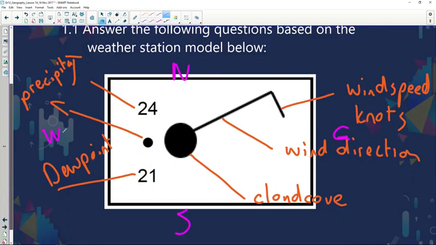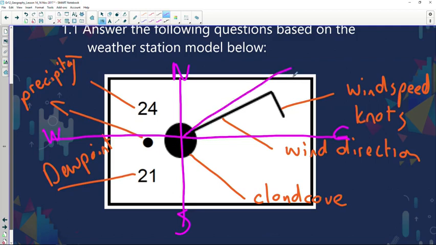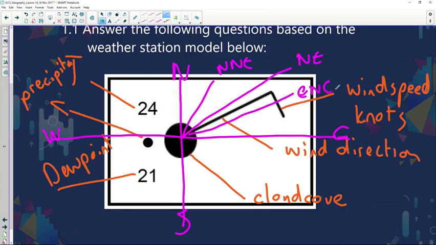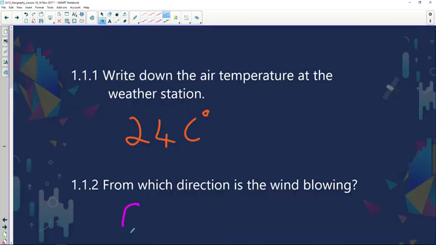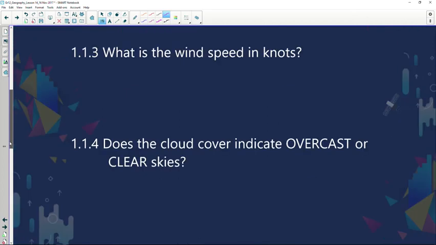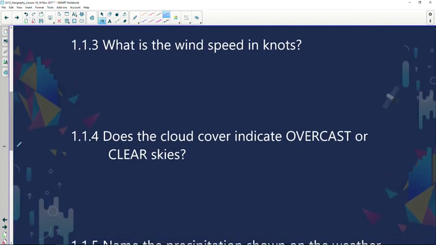The wind direction over here is northeast, but it will be much closer to east, so north, northeast would not be correct. What will the correct answer be over there? East, northeast.